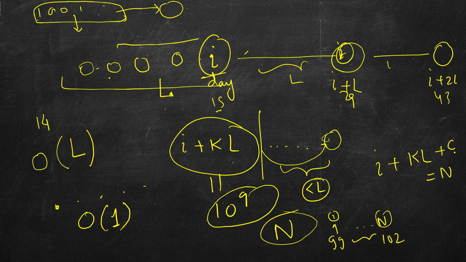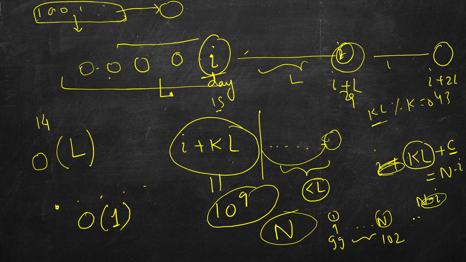So how will we find this C? This C is the number of days we need to solve. So we will do n minus I. This will become KL plus C. Now take the modulo K on both sides. So this will be 0, since KL modulo K will be 0, since it's a multiple of K only. This C will remain.